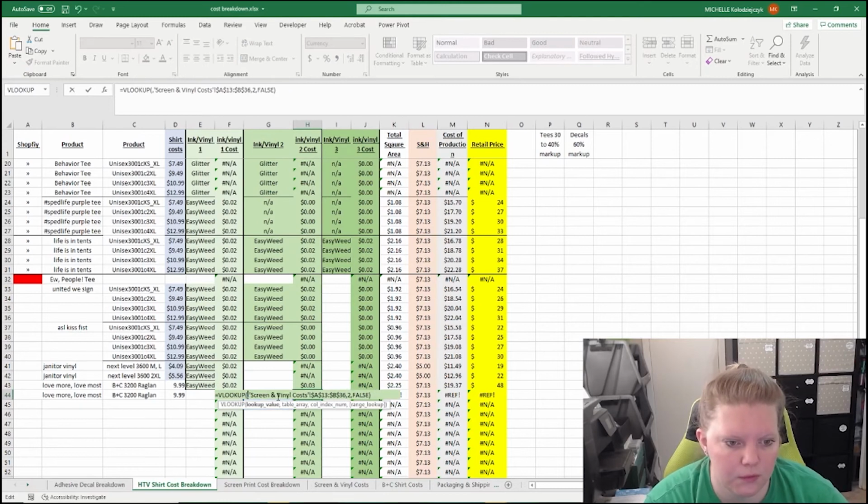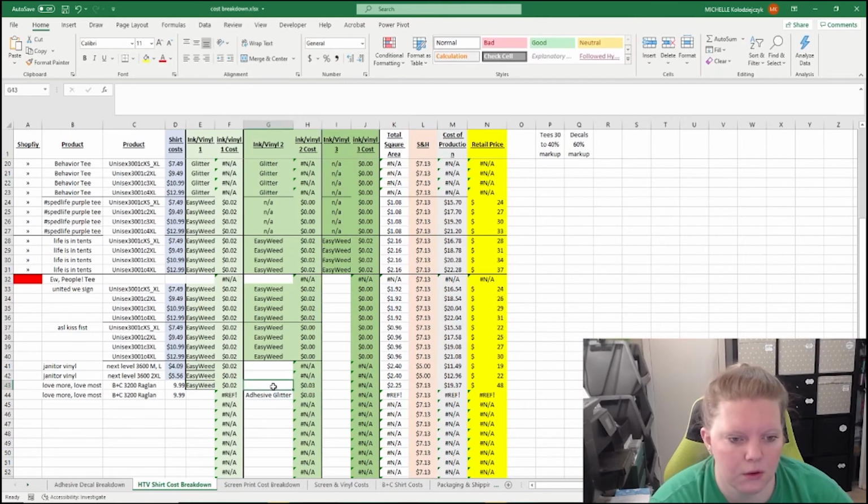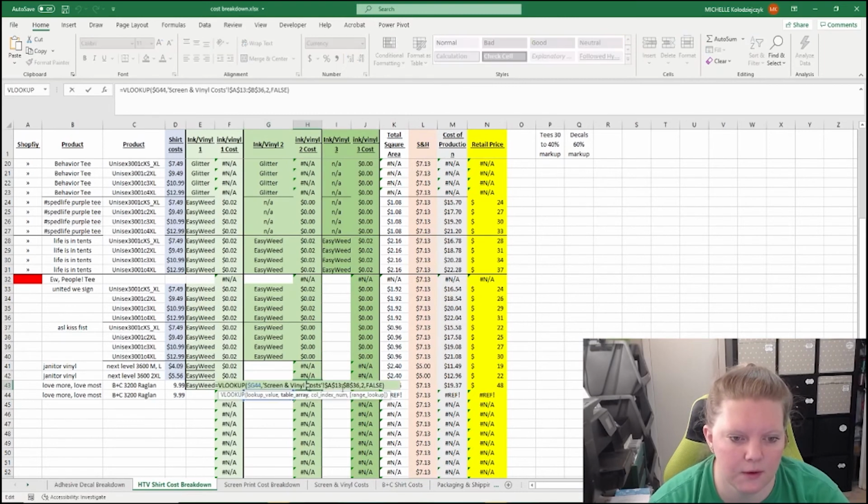G44. There it goes. All right. Zero here. How do you get that back to 0?